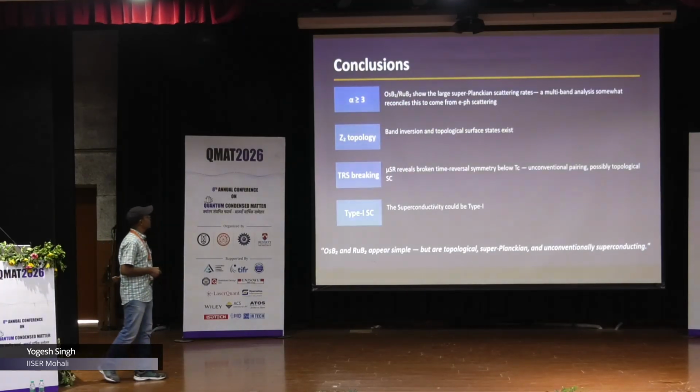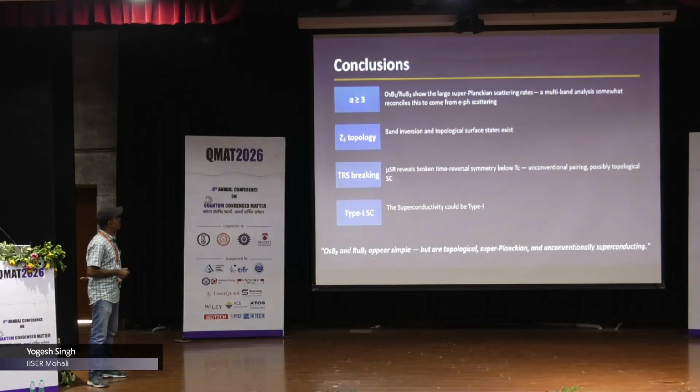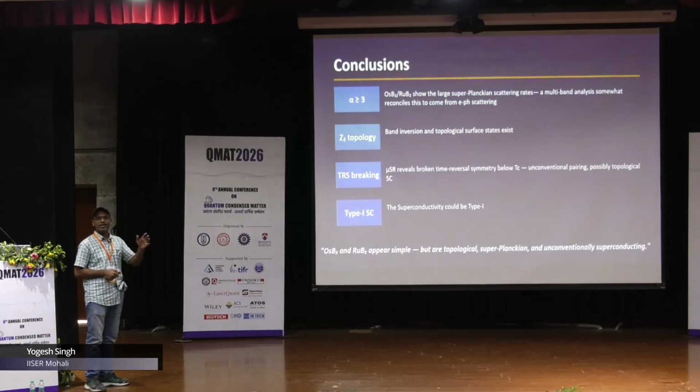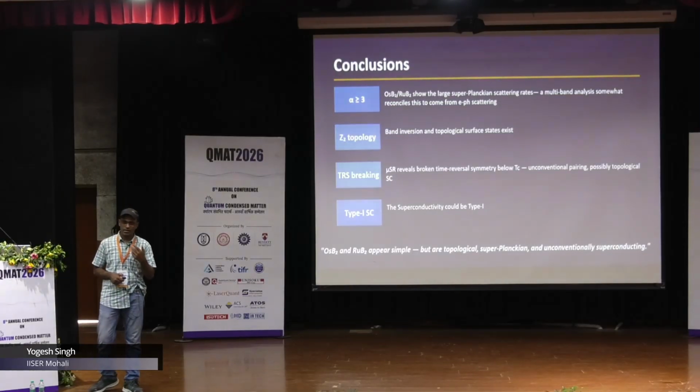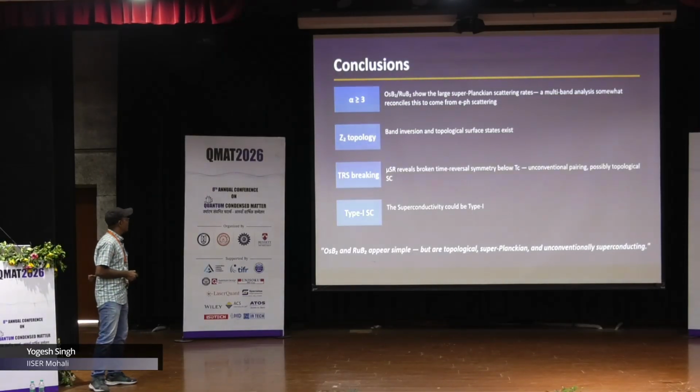Okay, so the conclusion is that RuB2 and OsB2 show large super Planckian, and by super Planckian I just mean that alpha is larger than 1. Super Planckian scattering rates, and a multi-band analysis somewhat reconciles this as coming from electron phonon, but we are still not satisfied, and we still have to worry about it.